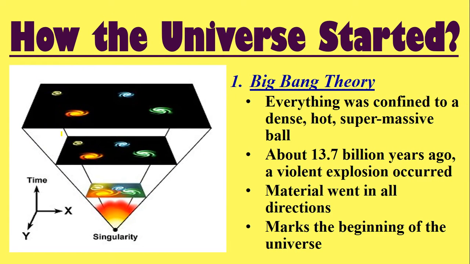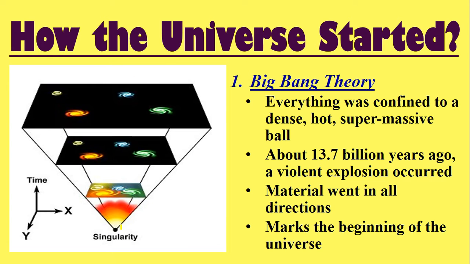Now let's talk about how the universe started. Now this is all a theory. Some people accept it, some people don't, but people say that the universe started with something called the Big Bang, and we call it the Big Bang theory. What happened was everything was confined in a very dense, hot, supermassive ball.